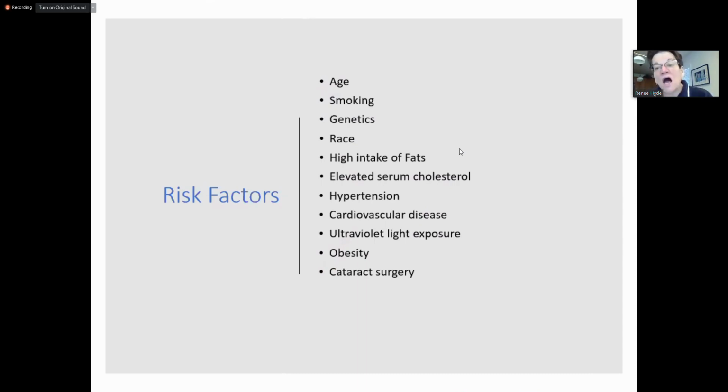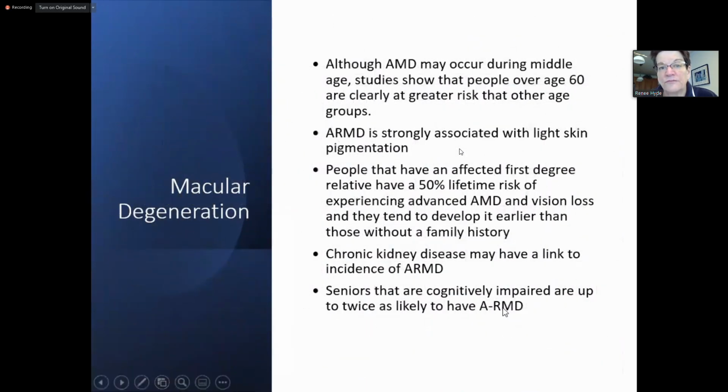Sometimes it's commonly seen in people after cataract surgery. And that's probably because the vision is cleared after the correction of the cataracts, and they now can see that loss of central vision. Chronic kidney disease can have a link.